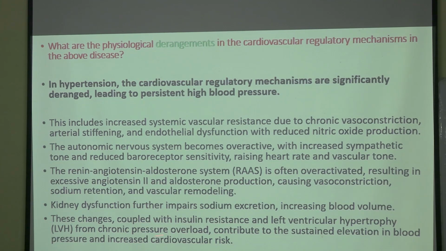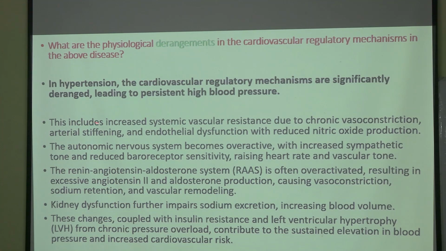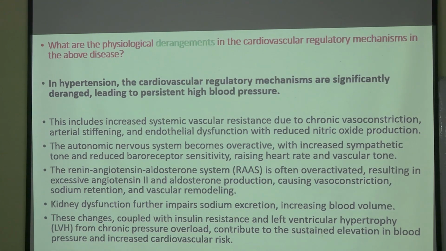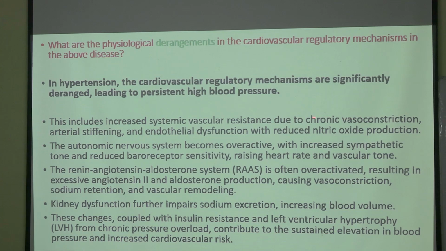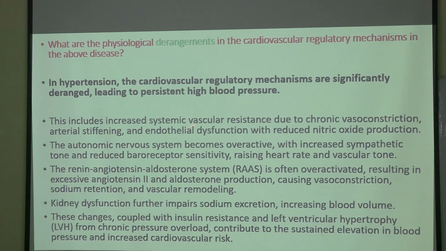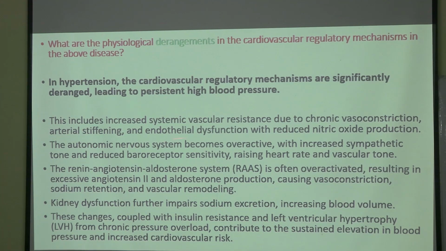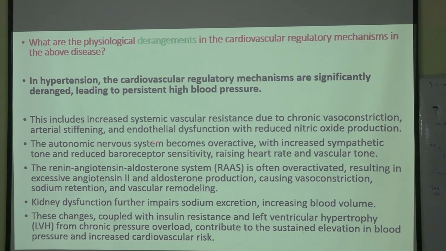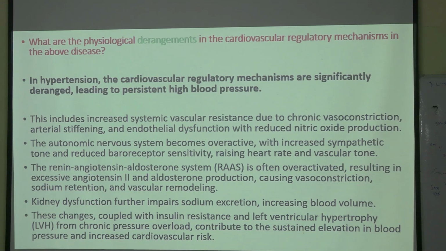So, what is the physiological mechanism that is related with this? The first is increased vascular resistance, and it is due to chronic vasoconstriction, right? It is due to arterial stiffening, and it is also due to the dysfunction of the endothelial system. So, dysfunction of the endothelial system leads to reduced nitric oxide production.